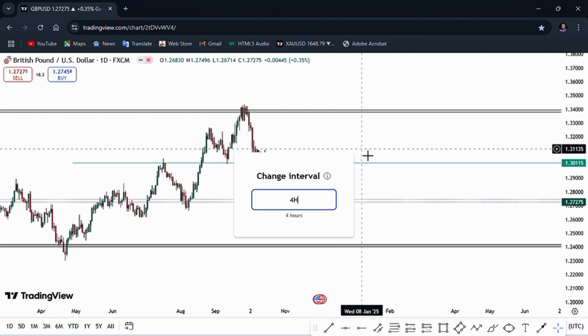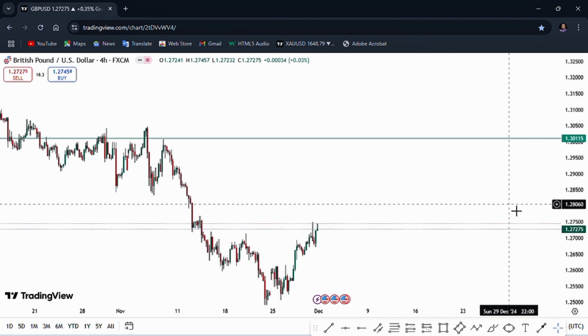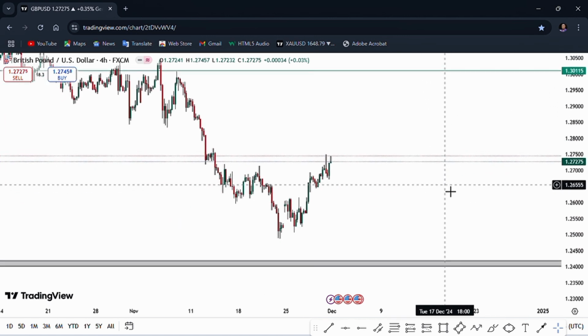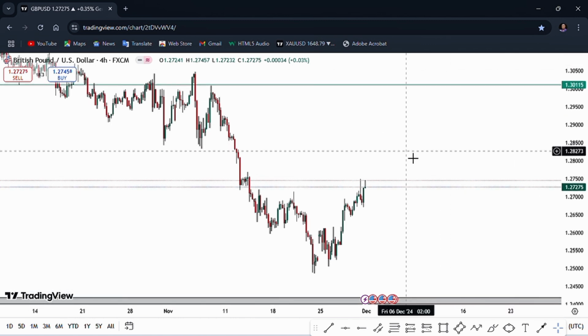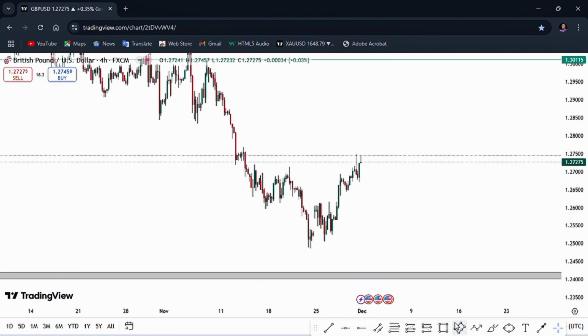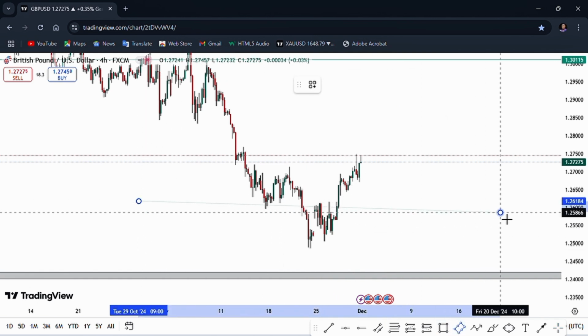Now, looking at the 4-hour time frame for trade entries, take profit and stop losses to be set, I will expect the market to come back into this zone.